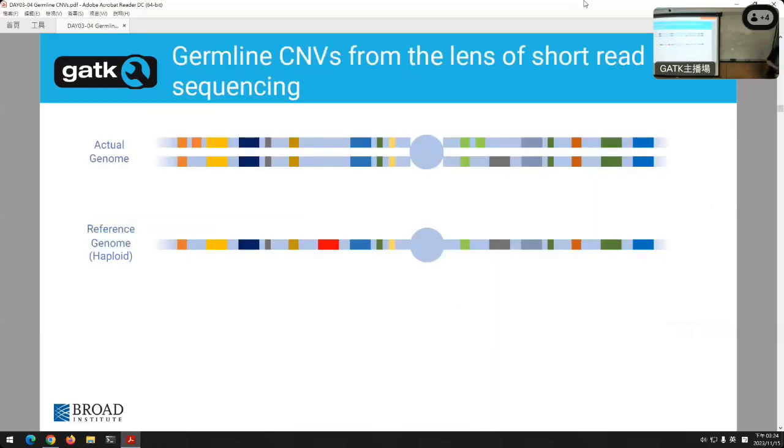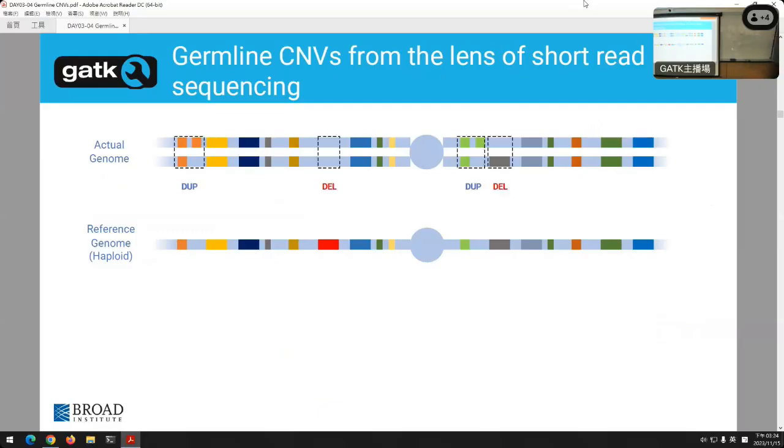Okay, so we talked about biologically what is a copy number variant, why should you care about that? Now let's talk about how that looks when we perform short read sequencing. So here on top we have a sample genome, which is diploid, and the reference genome, which is haploid, which we'll compare to.